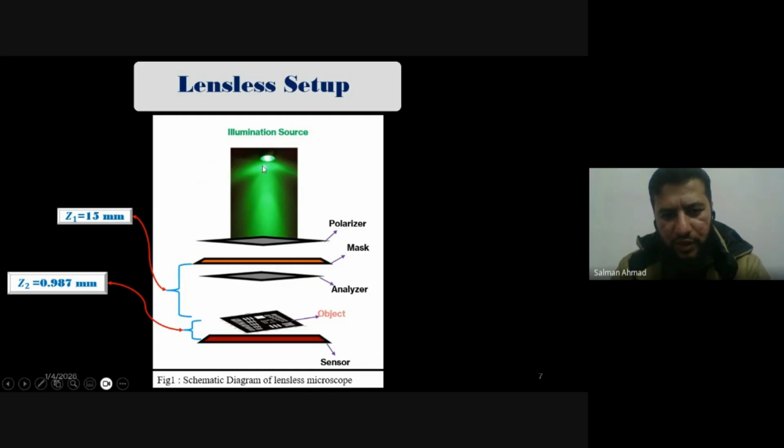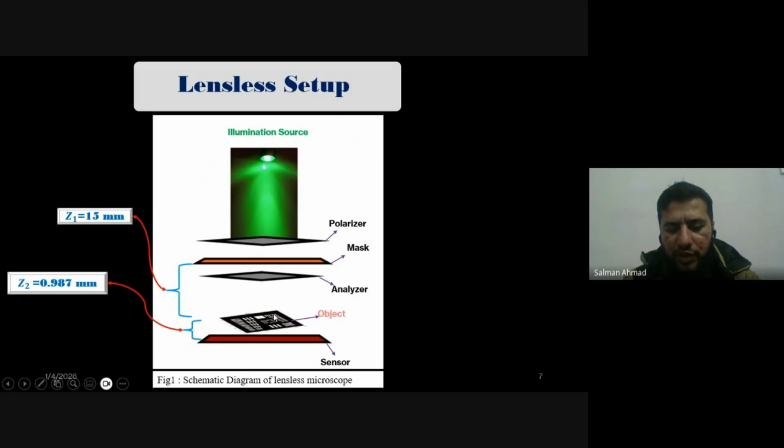So here we have a schematic diagram of the setup I used in my experiment. We apply an illumination source, a green LED, and fall that green light on the polarizer to polarize the light and align it in one direction. After that, I used the mask, which I applied on the spatial light modulator, simply called the SLM, and then the analyzer. After passing through these steps, the structured light falls on the object.